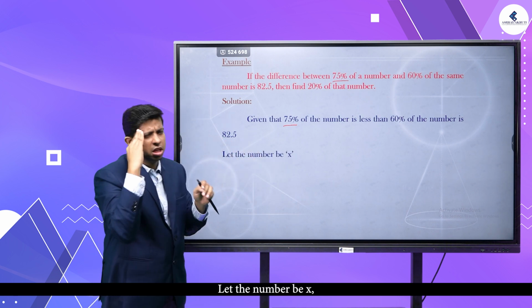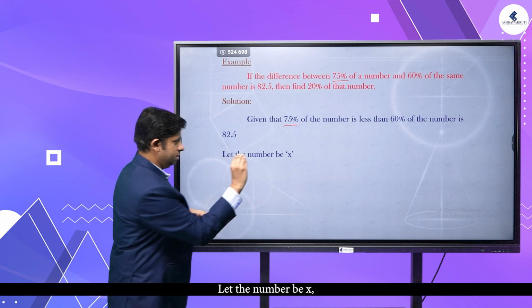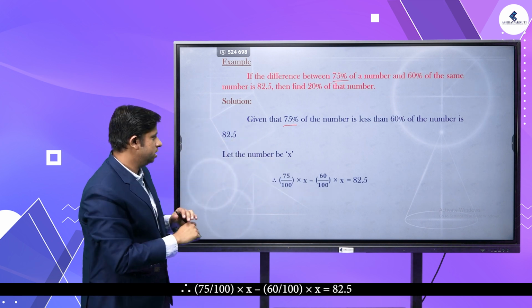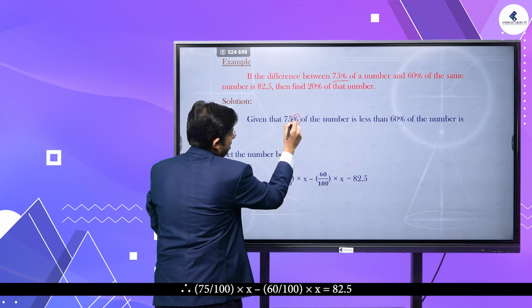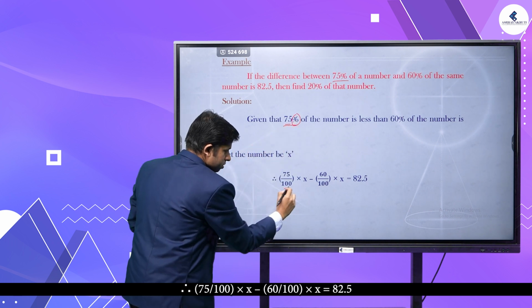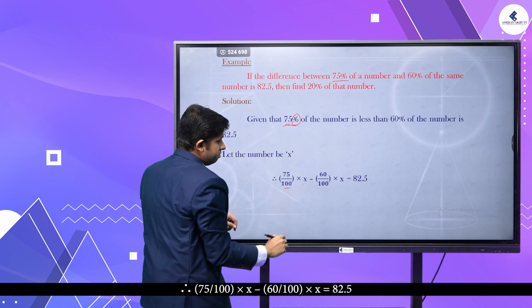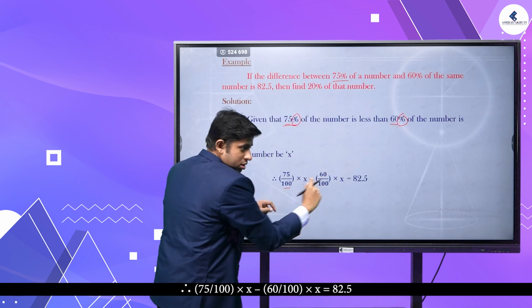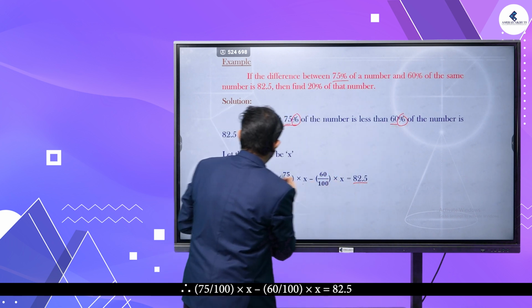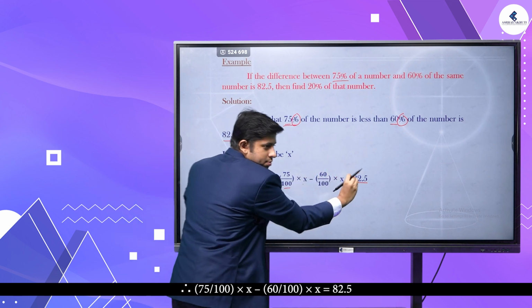Let the number be x. Therefore, 75 by 100, which is nothing but 75%, into x minus 60% written as 60 by 100 into x is equal to 82.5.